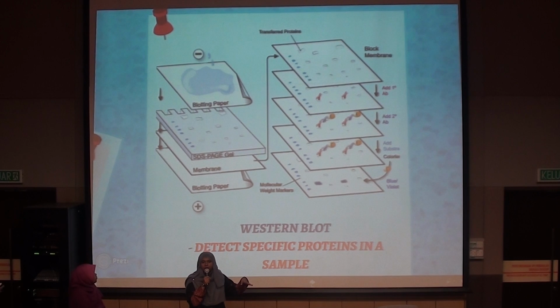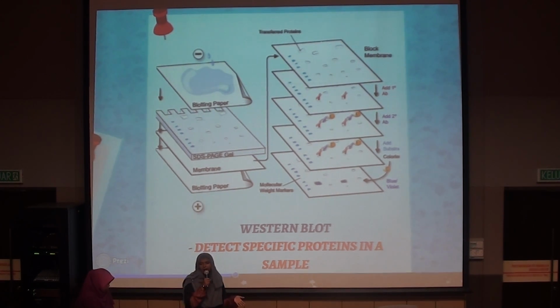First the primary antibody will bind to the protein that we want, followed by the secondary antibody which has an enzyme, and they undergo a chromogenic reaction where it will precipitate its substrate so that we can detect our particular enzyme.